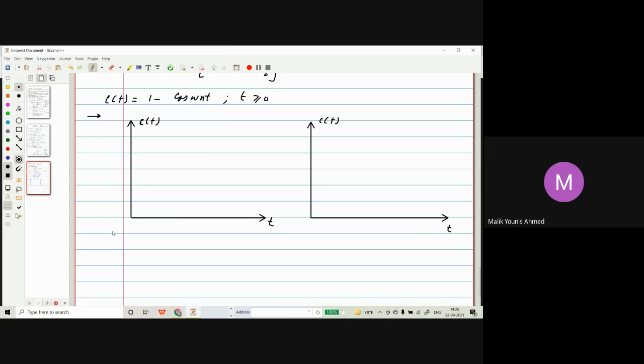Step response of underdamped system. This is first.